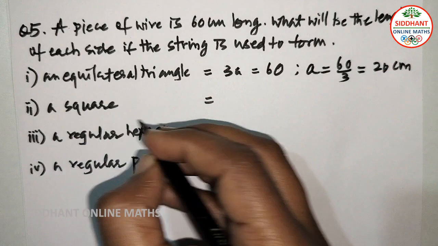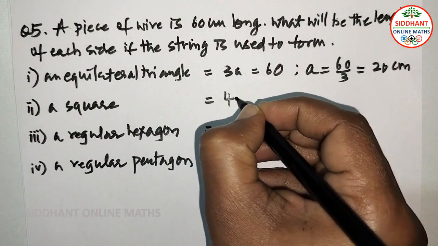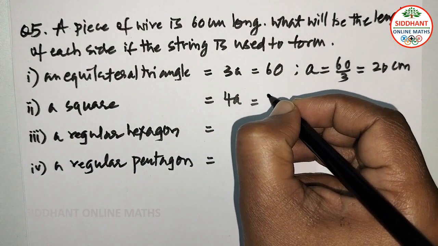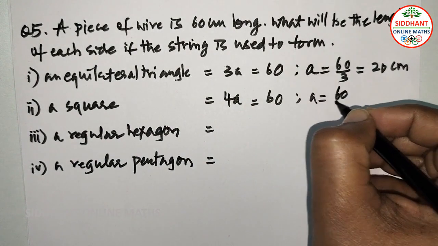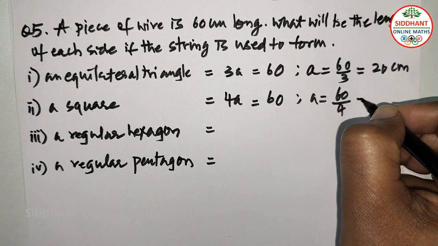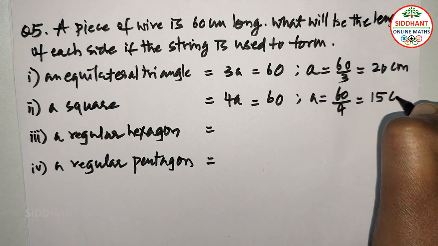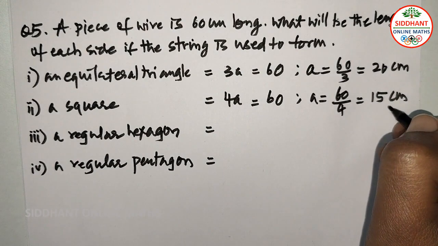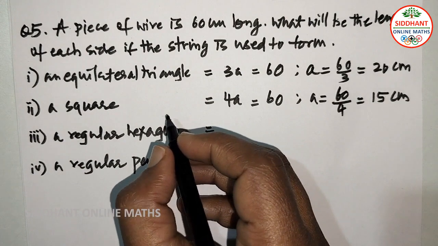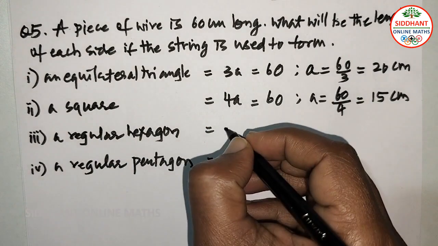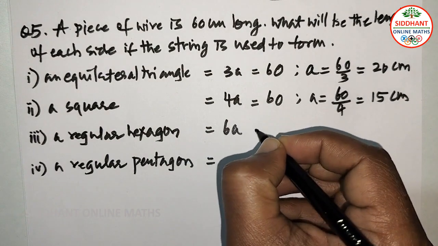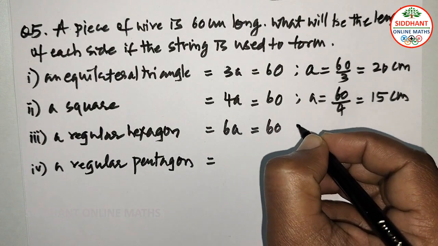Next, a square. The square perimeter will be 4a. So 4a is equal to 60 centimeters, then a is equal to 60 by 4, so that will be 15 centimeters. So 15 centimeters is the dimension of one side of a square. Next, a regular hexagon. Regular hexagon is 6a, that will be 60 here.